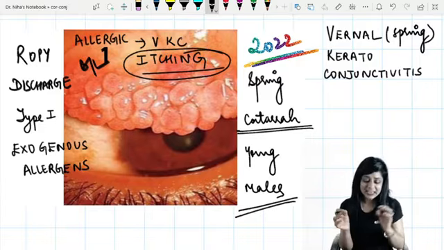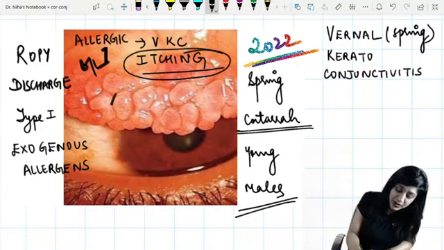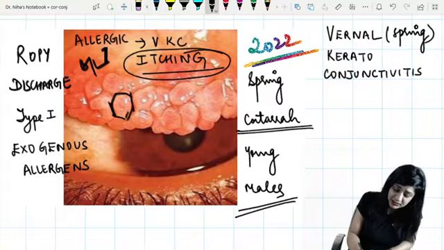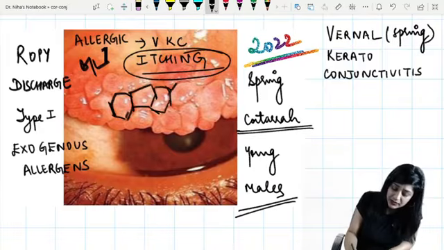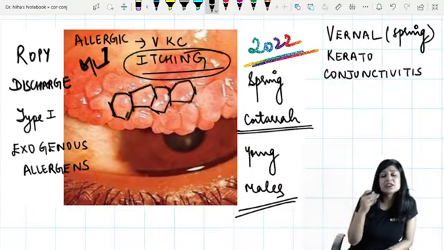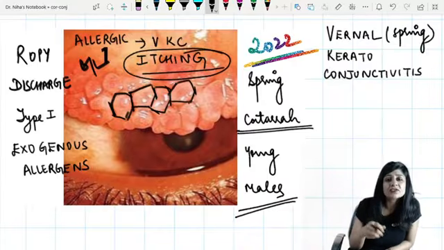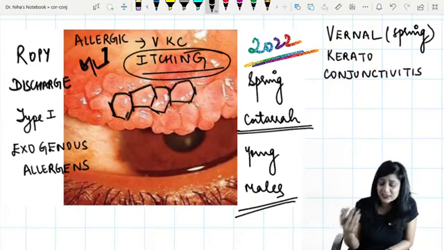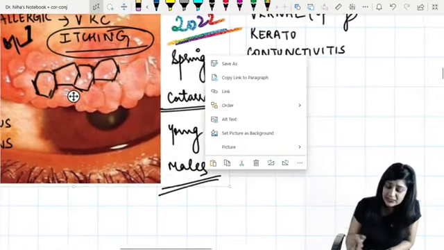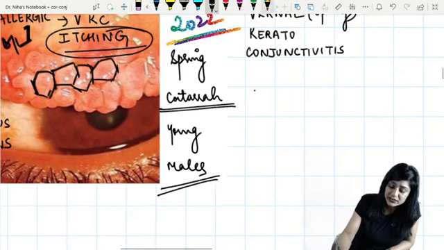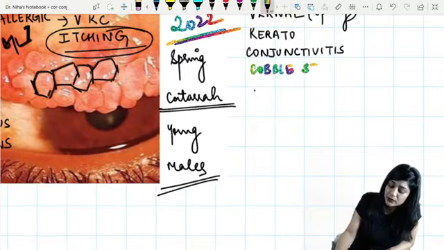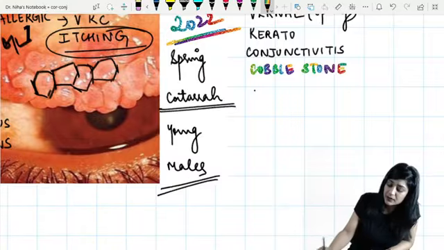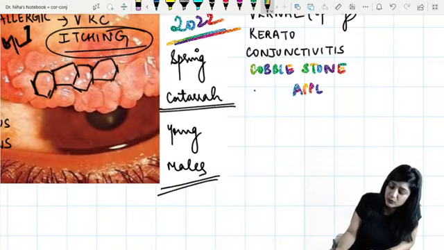Just think of VKC and you get typical polygonal raised areas. It could be hexagonal, it could be pentagonal. These polygonal raised areas are very typically called the cobblestone papillae or the cobblestone appearance.